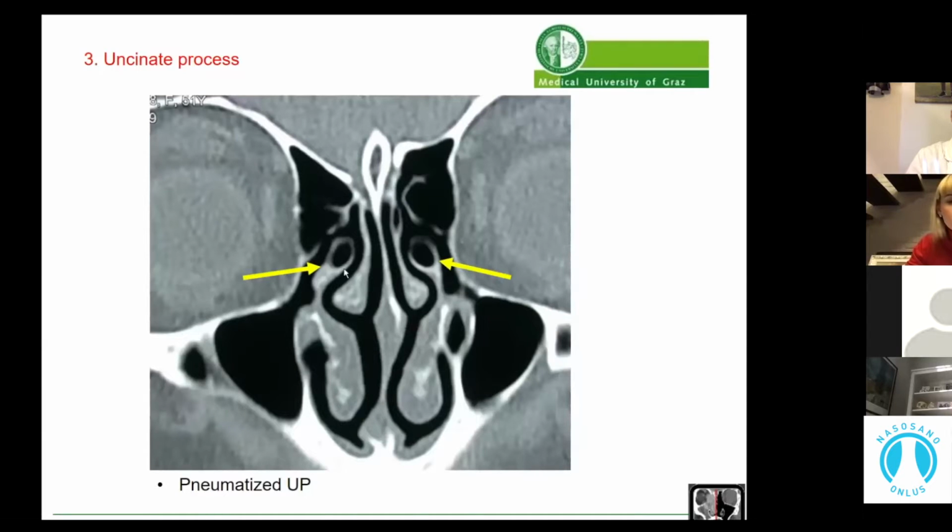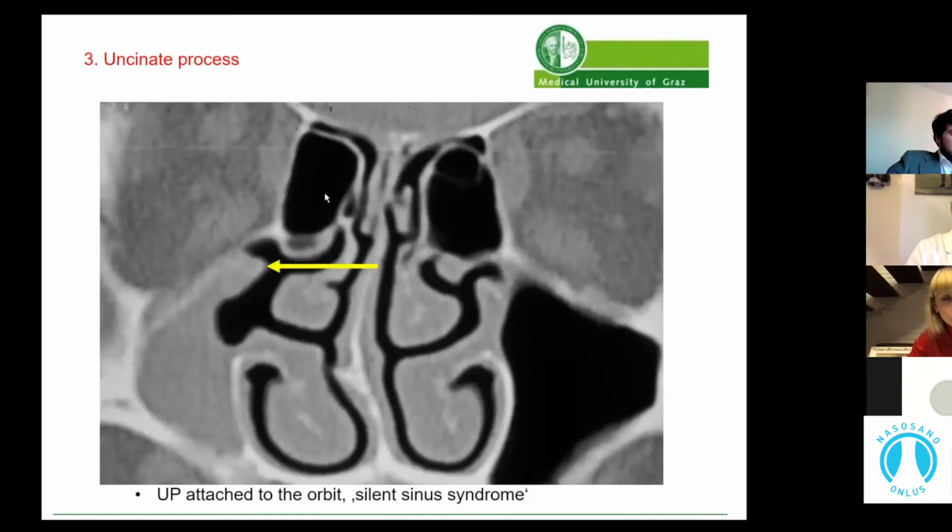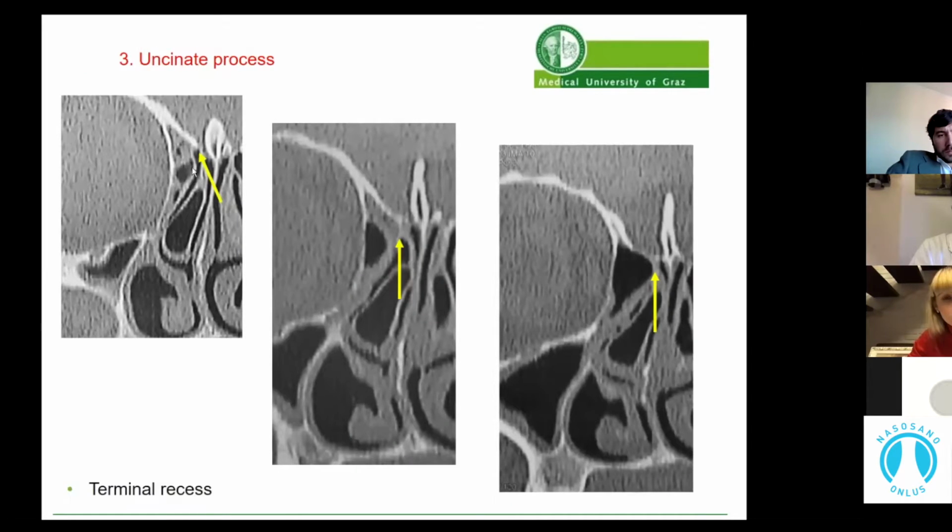Here, an example of a pneumatized uncinate process, or here an example of an uncinate process attached to the orbit. We like to resect our uncinate process by incision with the sickle knife, which you of course should not do there, because there you are in danger of hurting the orbit using your sickle knife.